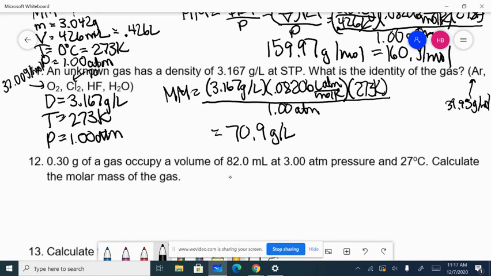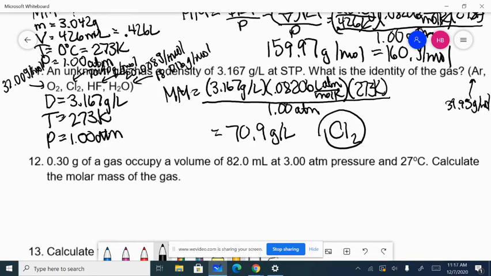Chlorine is 70.90 grams per mole. HF is 20.008. And water is 18.016 grams per mole. Once I got to chlorine at 70.90, I know the identity of my gas is chlorine.